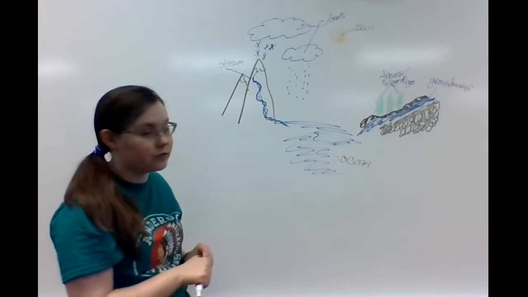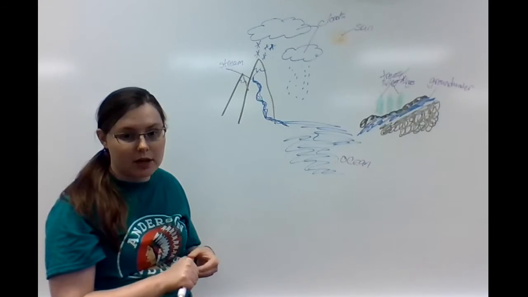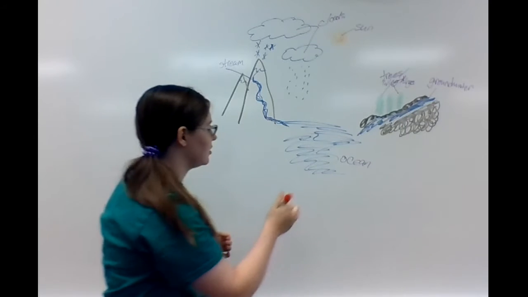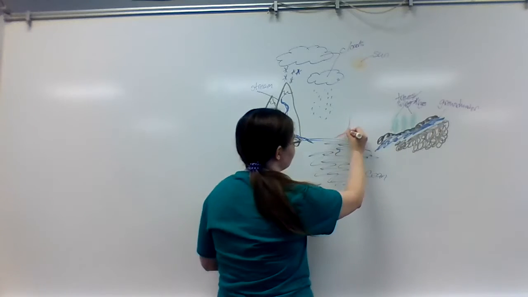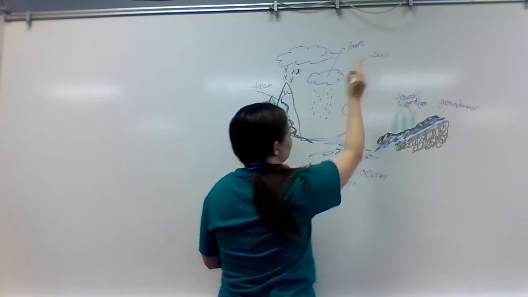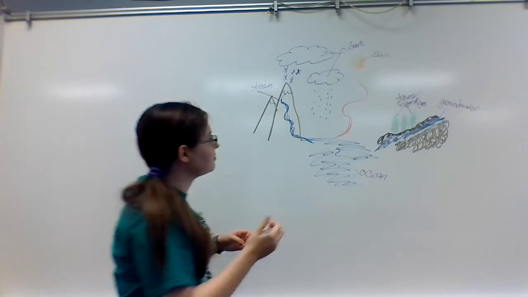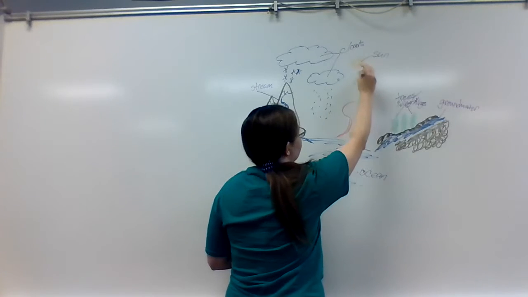Our first step in the water cycle is from the ocean. We have water that is going to turn into vapor because of the heat of the sun.